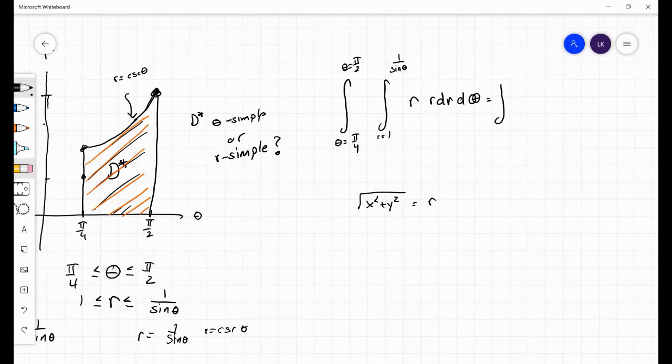So I'm not really happy about that. So you get r squared. The integral of r squared is 1/3 of r cubed. At the upper bound, that becomes cosecant cubed. Yeah, that's the well-known integral, and I'm not going to do it. Easy peasy.